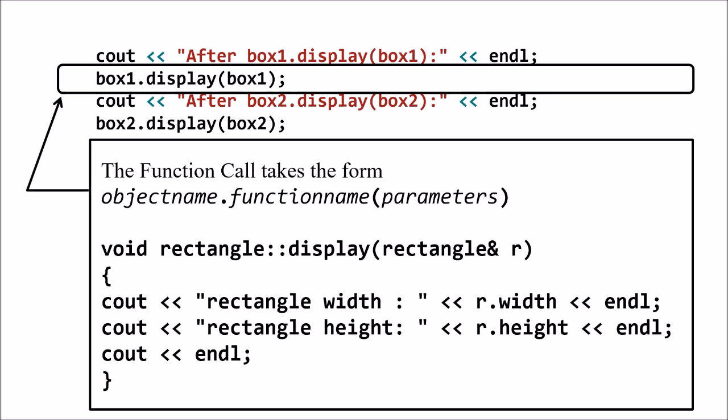Inside the function itself, it simply prints out a bit of text, and then the value of the r.width data member is printed, and then some more text, and then the value of the r.height data member is printed. The main function then repeats with a second function call calling the same display function, but this time with object box2 sent to the function as a parameter by reference.